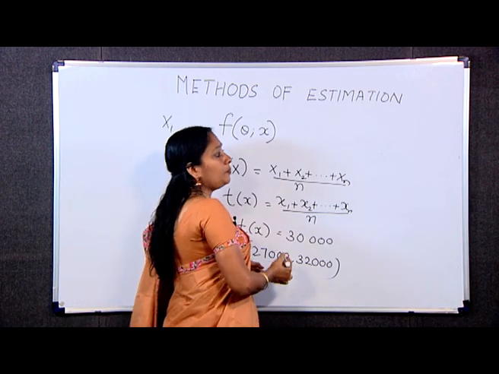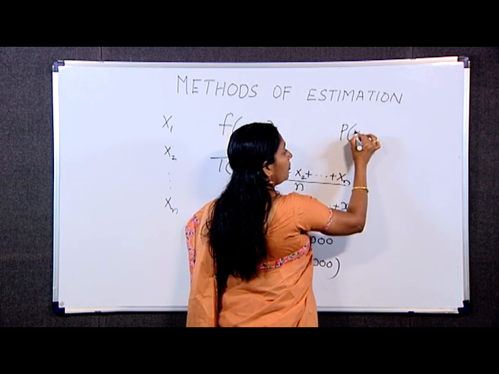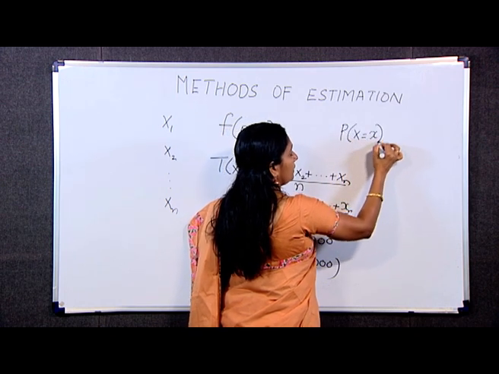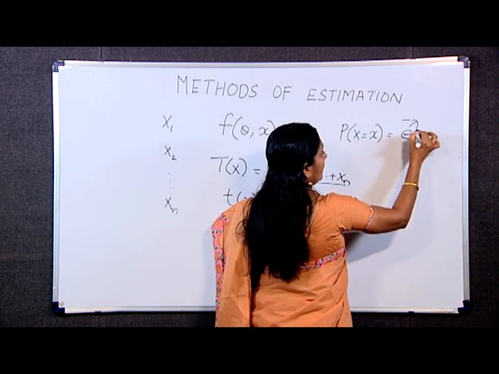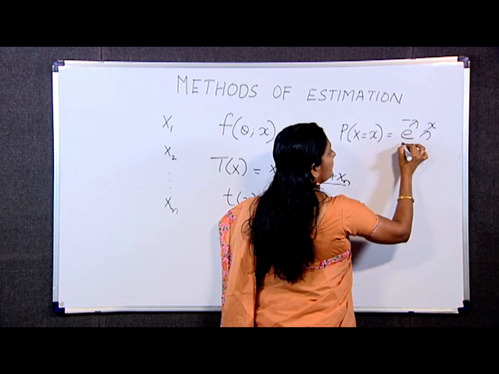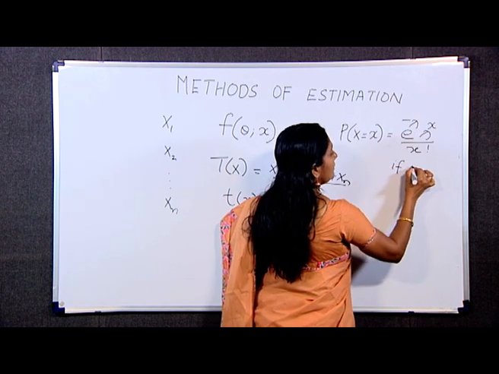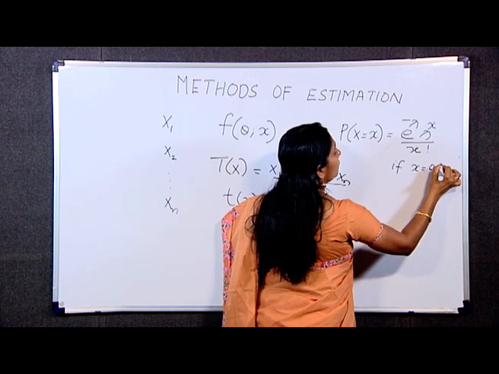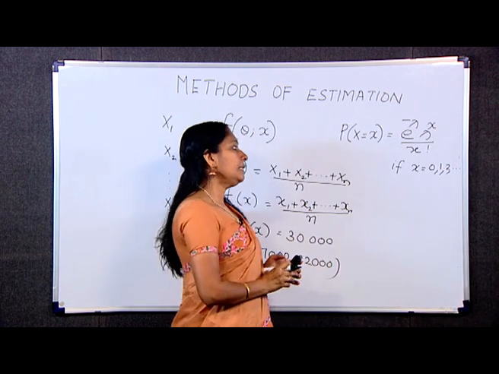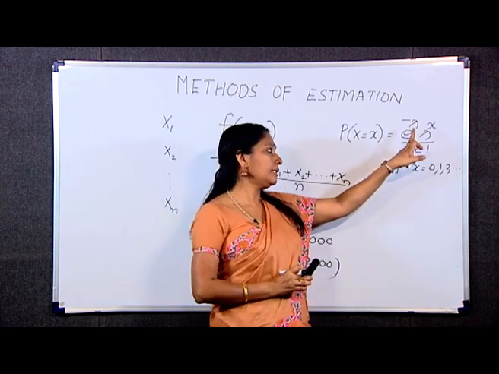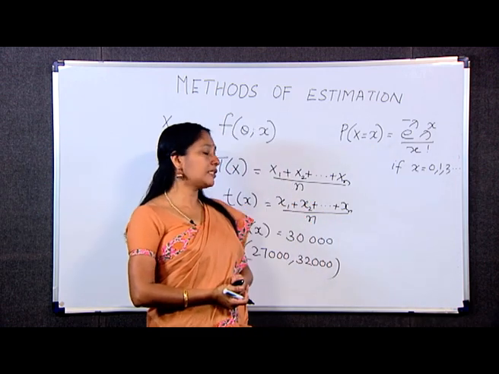So, let us write it as probability of X is equal to x is equal to e raised to minus lambda, lambda raised to x by x factorial if x is equal to 0, 1, 2, etc. Here the only unknown quantity is lambda and it is the parameter of the Poisson distribution.